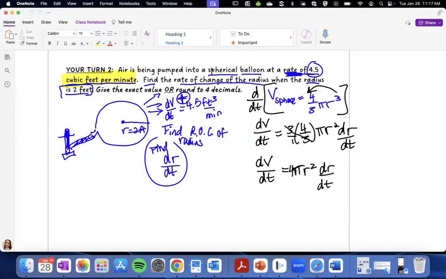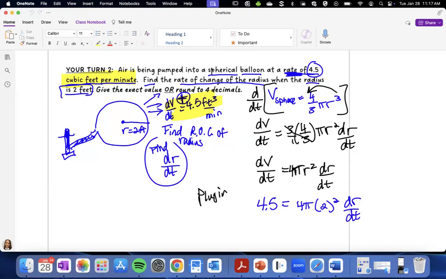And then we plug in. Did you catch that dV over dt is 4.5 here? 4 pi, and then the radius is 2 squared. And dr over dt is the one we're trying to solve for, so that stays alone.